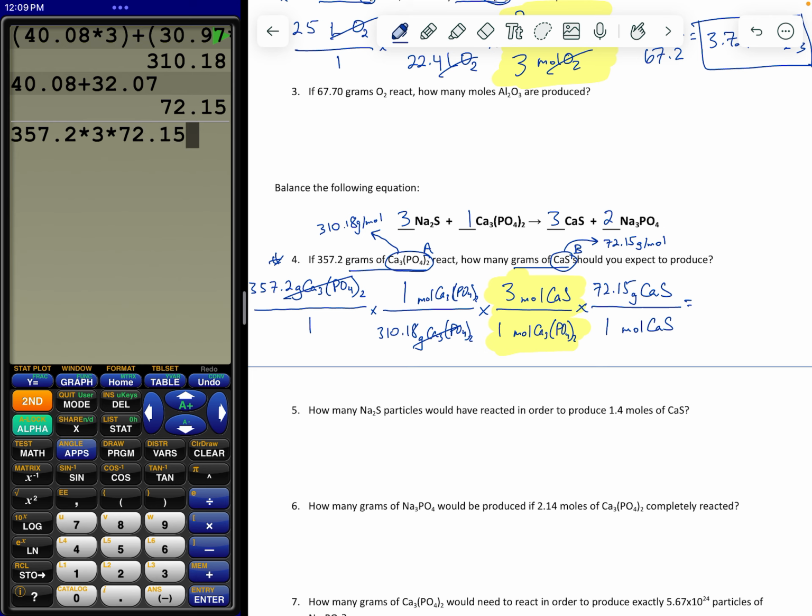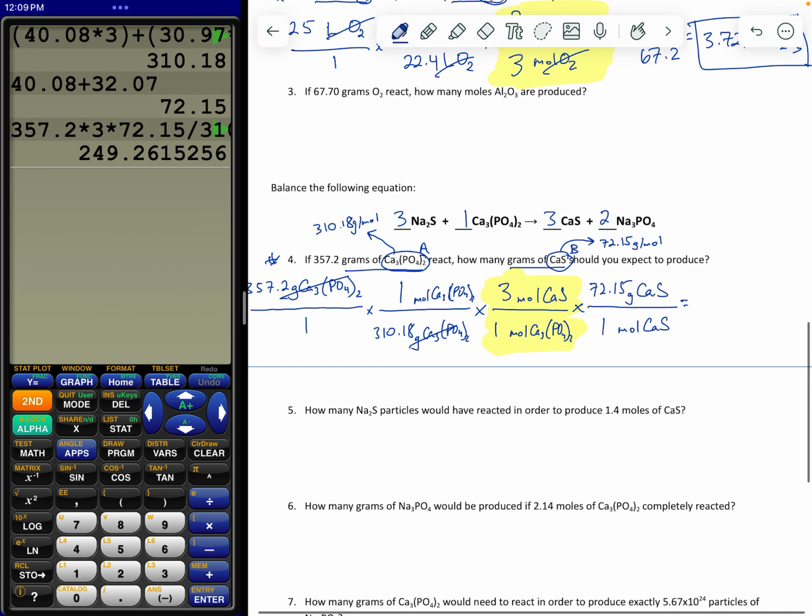So I've just accounted for everything on the top there. That's times 1. And then I'm also going to just divide by 310.18 because it's on the bottom, which is effectively what we do anyway. And this gives us 249.26 grams of calcium sulfide.